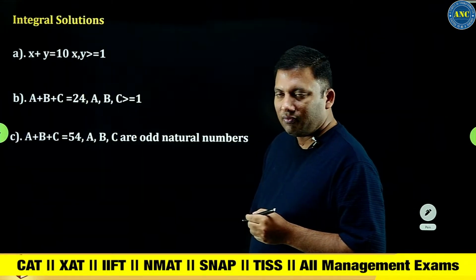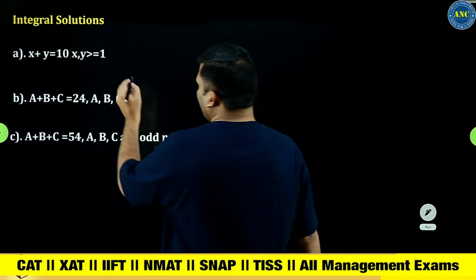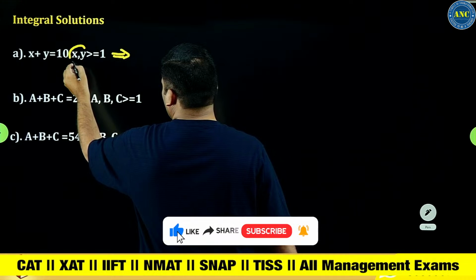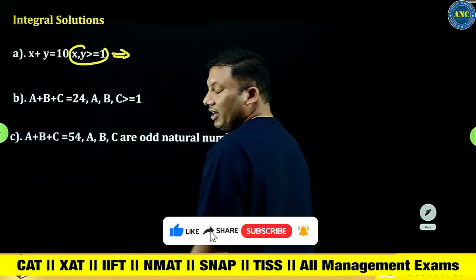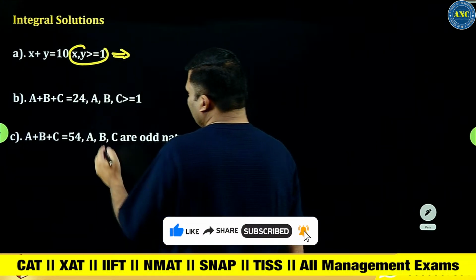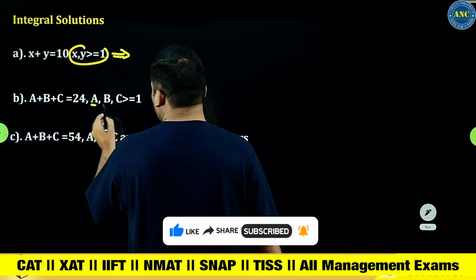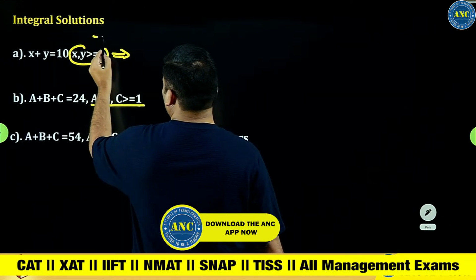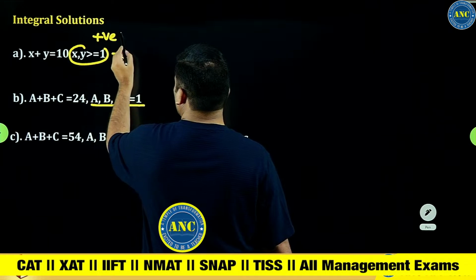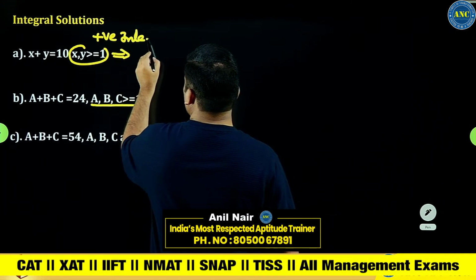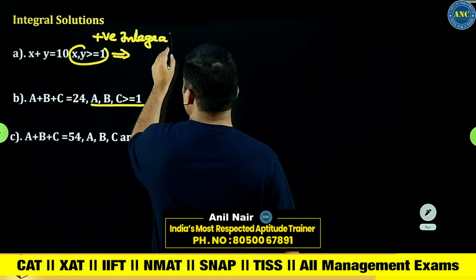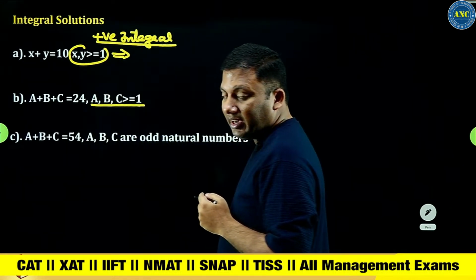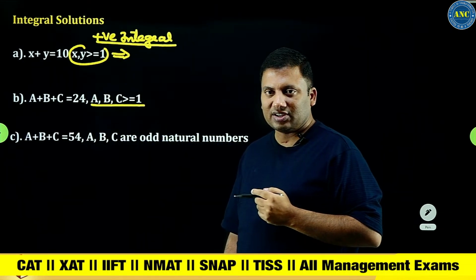One by one we will solve the questions. When it is said x, y are greater than or equivalent to 1, that means we are referring to positive integral solutions. When the variables start from 1, it is a positive integral solution.